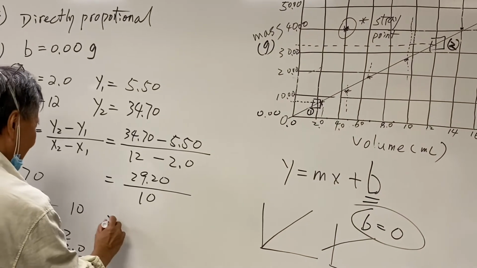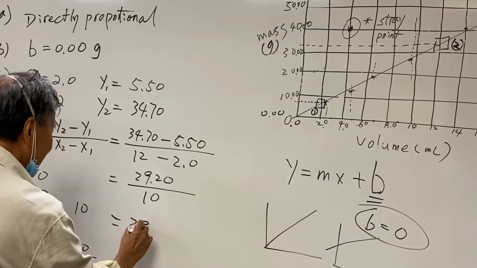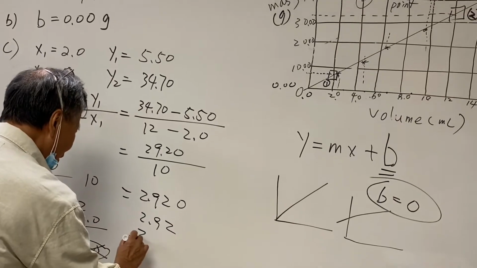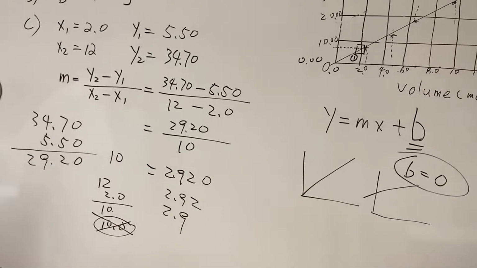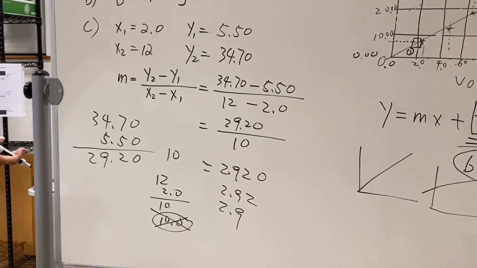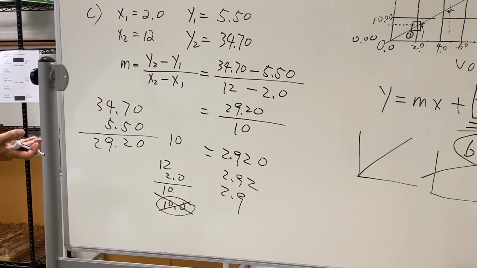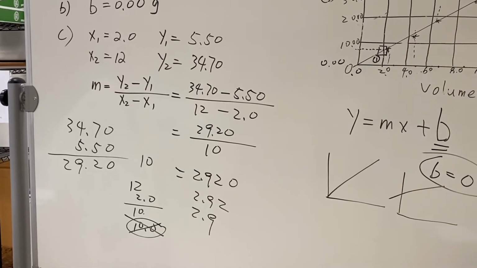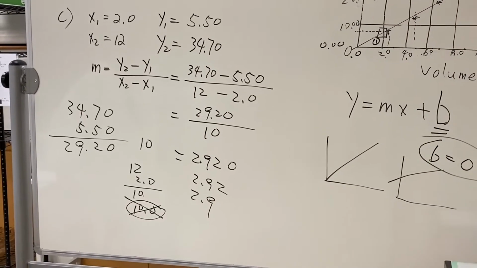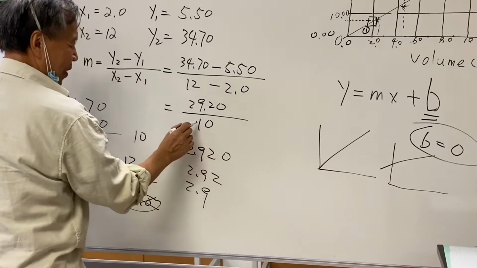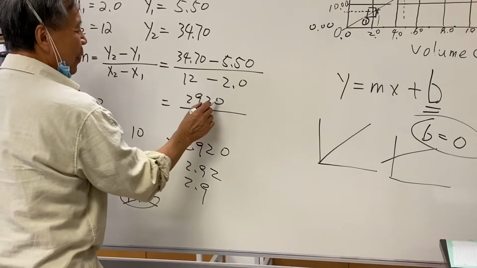It is 2.920, 2.9. Now this operation is a multiplication and then division. Therefore, the outcome totally depends on the smallest sig fig. So you have 1, 2, and 1, 2, 3, 4.